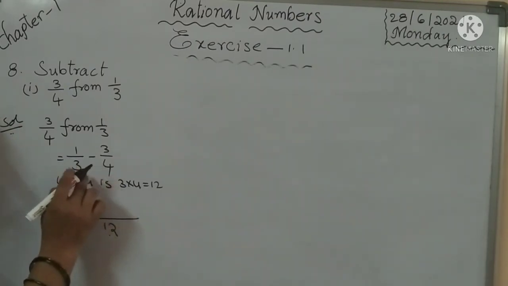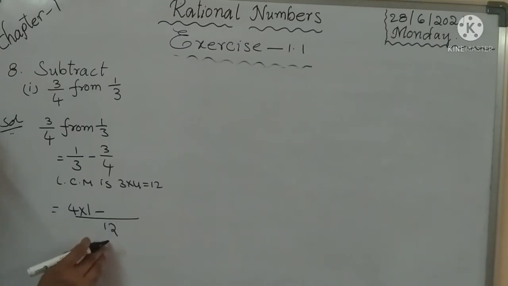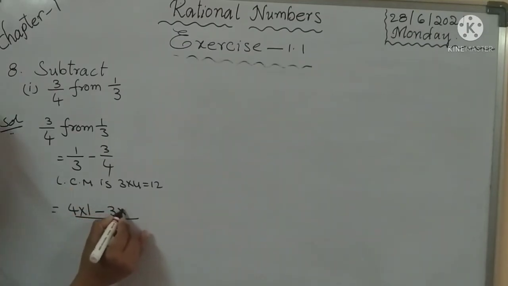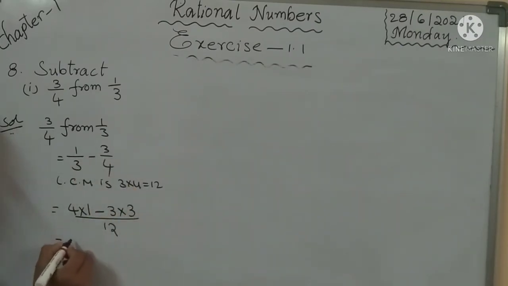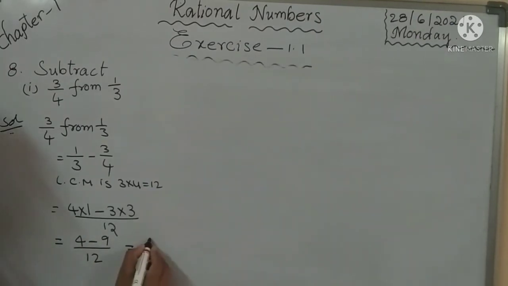4, how many times is it possible here? 4 1s are 4, 4 2s are 8, 4 3s are 12. 3 times. So here 3 into numerator 3. Okay. So here 4 1s are 4 minus 3 3s are 9 by 12. So here 4 minus 9 means 9 minus 4 is 5, but the bigger number has the negative symbol, so we should keep minus 5 by 12.